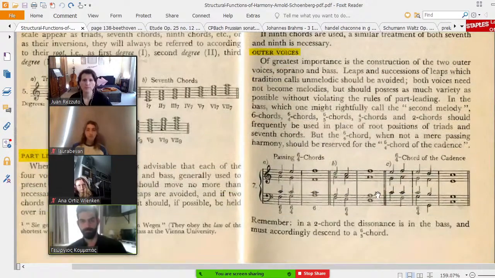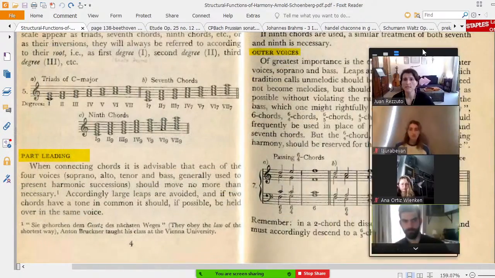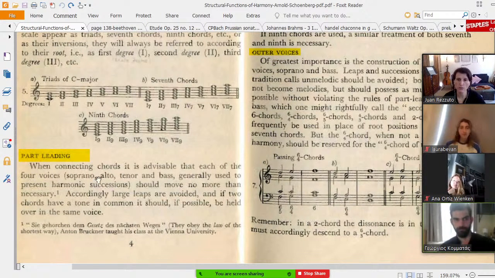Now, the part leading is important. When connecting chords, it is advisable that each of the four voices, soprano, alto, tenor, and bass, generally used to present harmonic successions, should move no more than necessary, large leaps avoided, and if two chords have a tone in common, it should, if possible, be held over in the same voice.